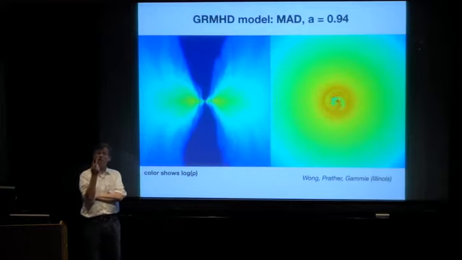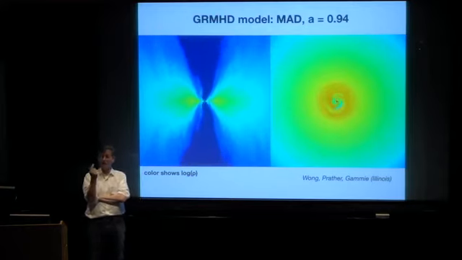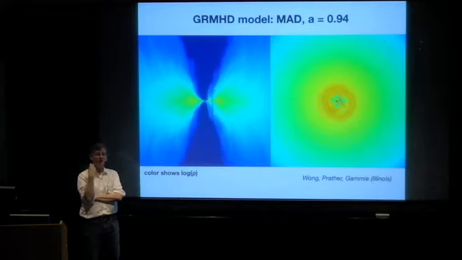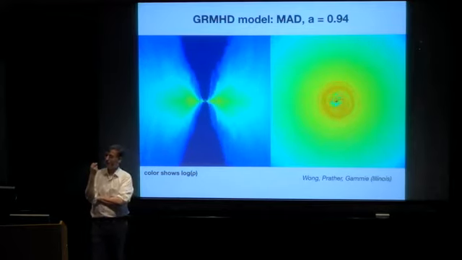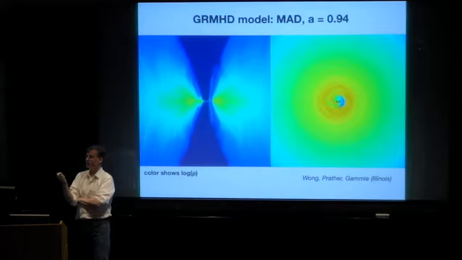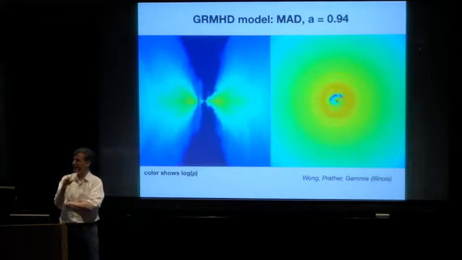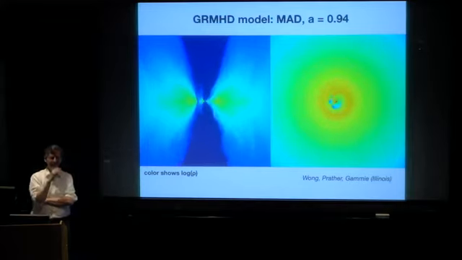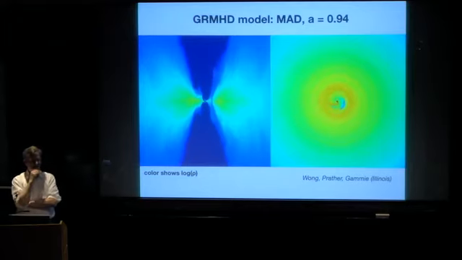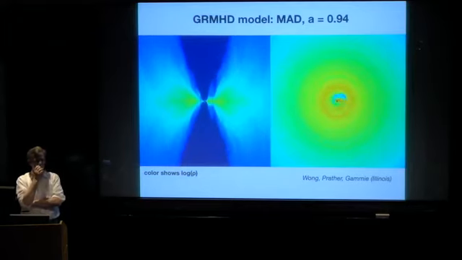So these fall into two classes. There are the so-called MAD models, which are magnetically dominated, and the so-called SANE models, which stands for standard and normal evolution. And I credit all of these acronyms to Ramesh Narayan, so you can go talk to him if you have any complaints.